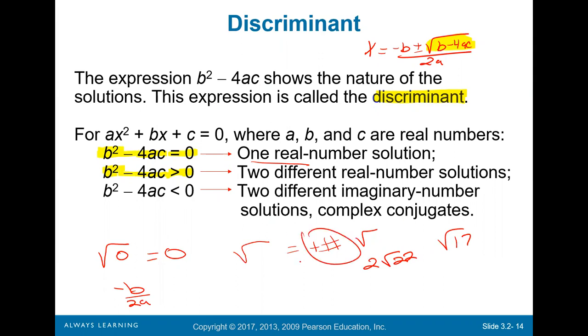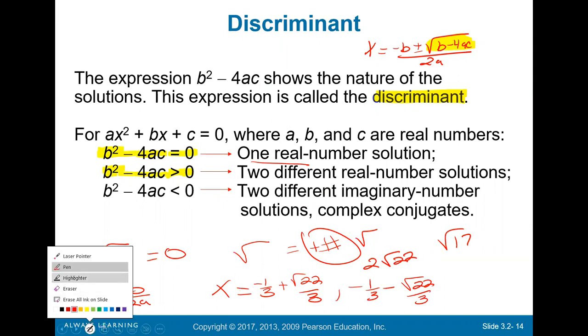Then that means I have 2 different real roots. So we had that a while ago. We had -1/3 plus square root of 22 over 3 and -1/3 minus square root of 22 over 3. So that right there, that's an example.